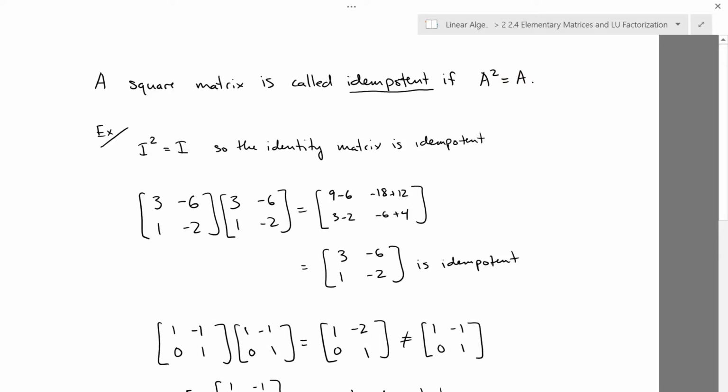So before we get to matrices, if you think about it in terms of just real numbers, the idempotent property isn't really that interesting for real numbers, right? Because the only real numbers that have this property are 0 and 1, because 0 squared gives you 0 back, and 1 squared gives you 1 back, and none of the other real numbers have this property.